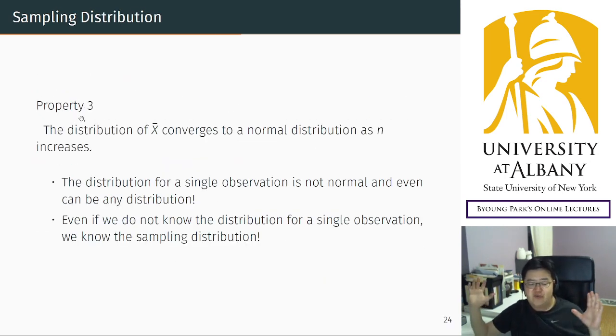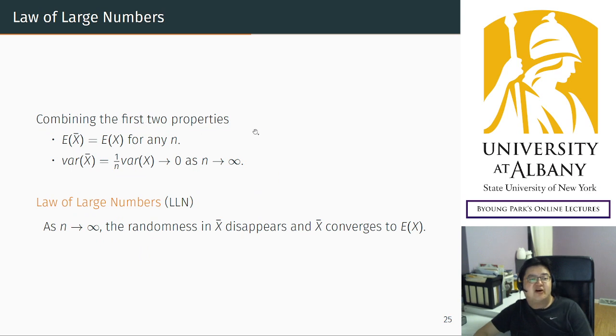So we formulated 3 patterns into 3 properties. They actually have more famous names. You may have heard about this, the law of large numbers. There are 2 fundamental theories in statistics. This is number 1, the law of large numbers.